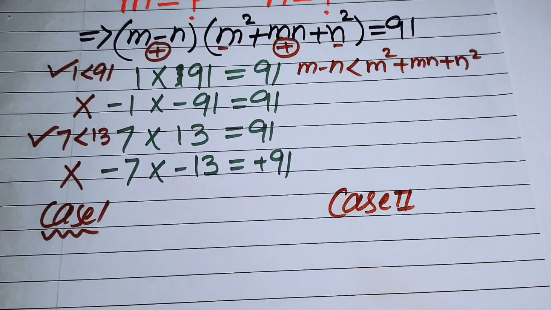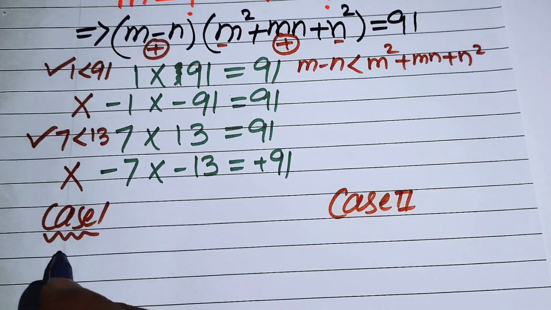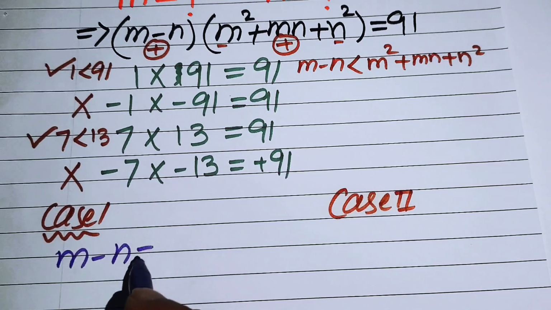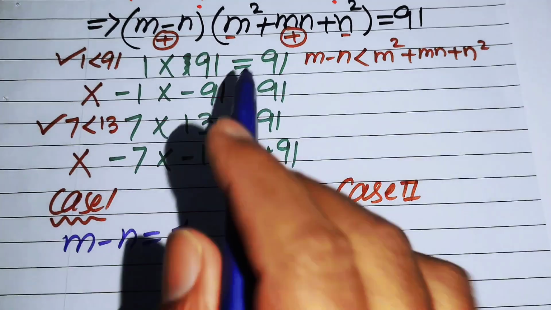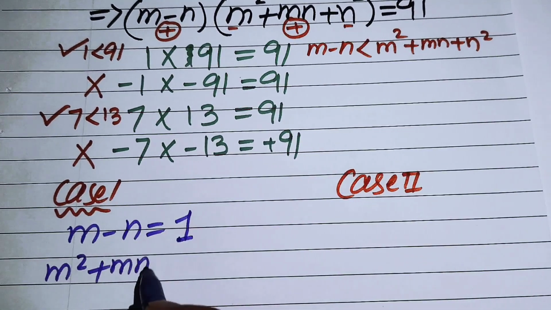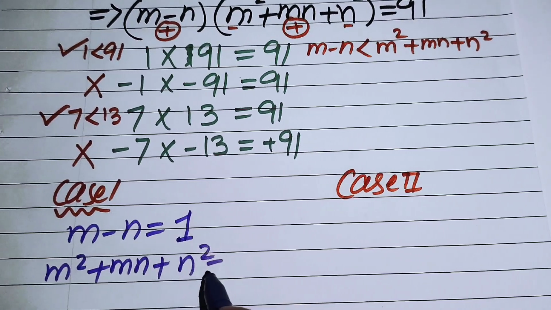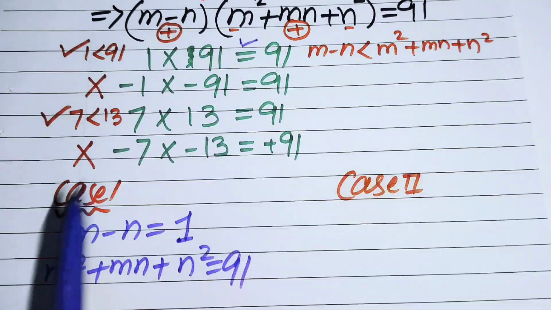In case number 1 we have m minus n equals 1, and our other value, m squared plus m times n plus n squared, equals 91. So this is the first case.